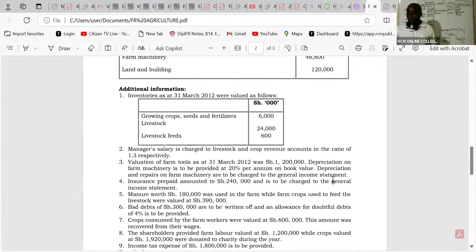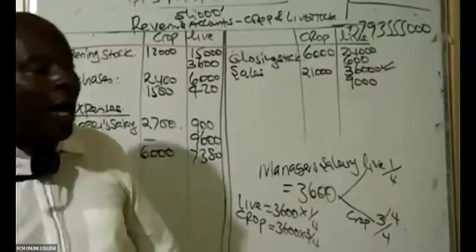Look at note number 5. Manure worth 180 was used in the farm, while farm crops used to feed the livestock were valued at 390. Let's reason out the manure statement first. This manure of 180 was used in the farm. Who produces this manure out of our biological assets?